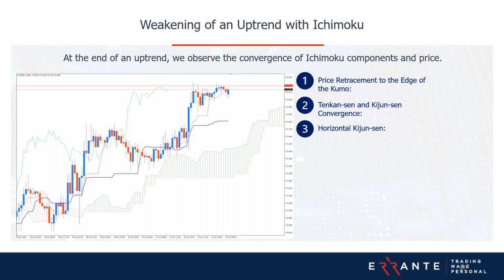And this can be a precursor to a trend reversal if the price fails to maintain above this level. For example, you see when we have a loosening momentum in this uptrend, we have the price falling below the Kijun-sen, and we have the Kijun-sen moving somehow flattened.